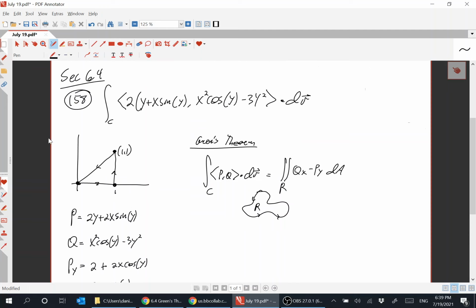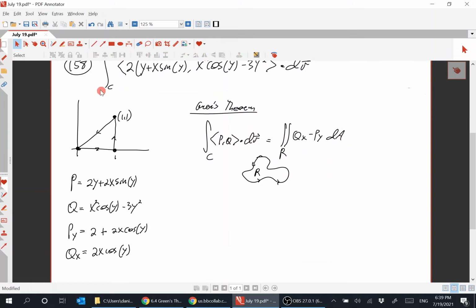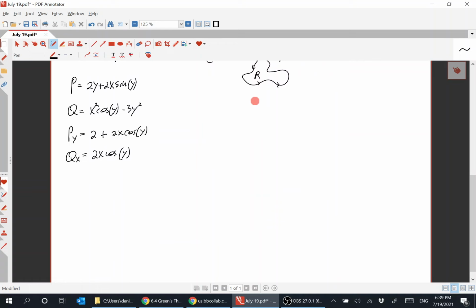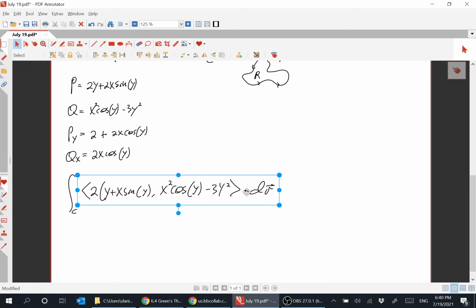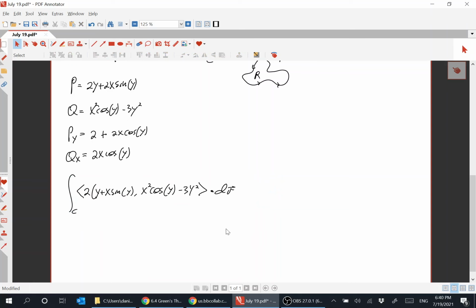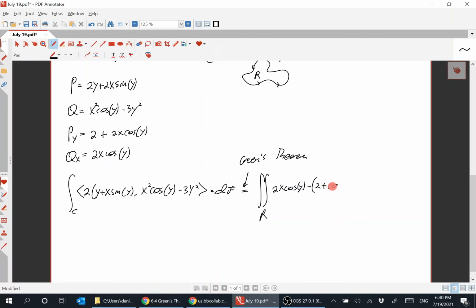So by Green's theorem, and this is C right here, this is equal to the double integral over R, which is the interior of C, of Qx, 2x cosine y, minus Py, 2 plus 2x cosine y, dA. So it turns out to just be negative 2.